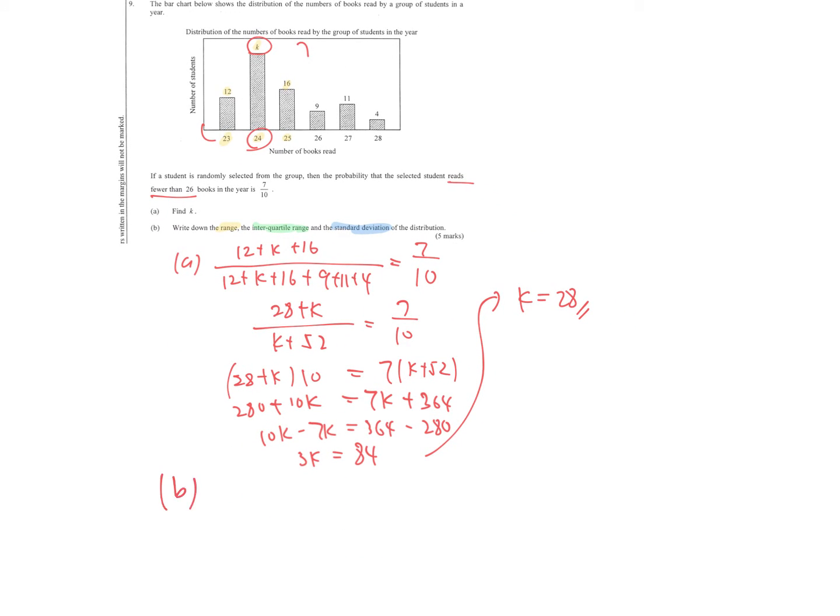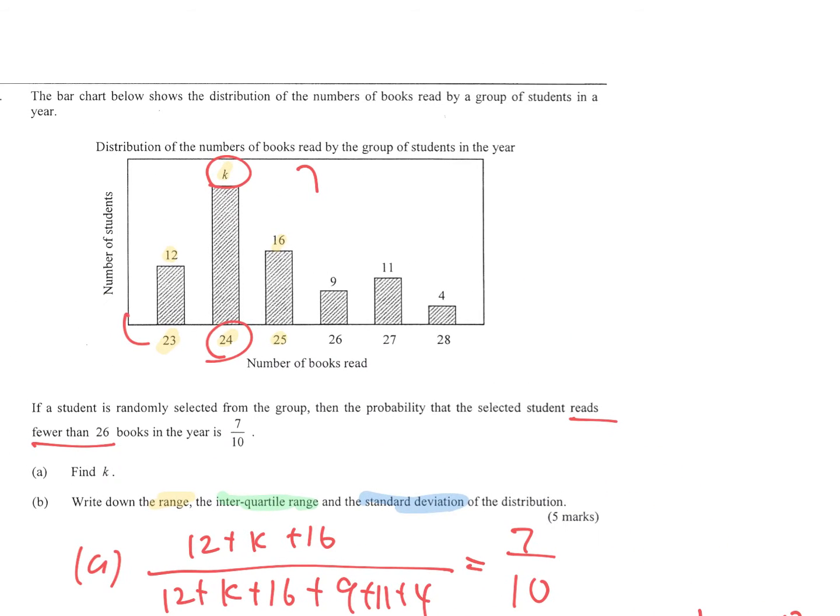So for part B, we are going to find the range. Range actually is equal to maximum value minus the minimum value. For the maximum value, because the question here is about the distribution of number of books, the maximum value should be related to number of books.